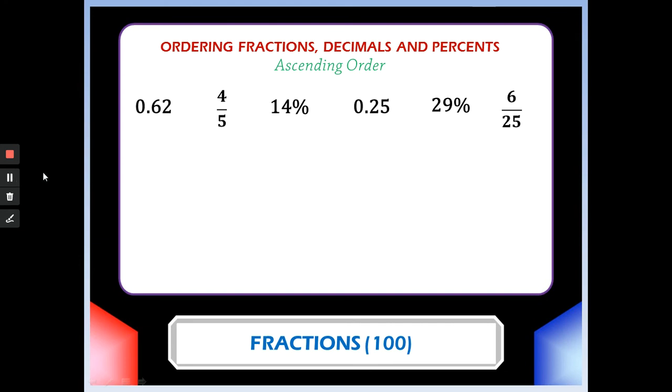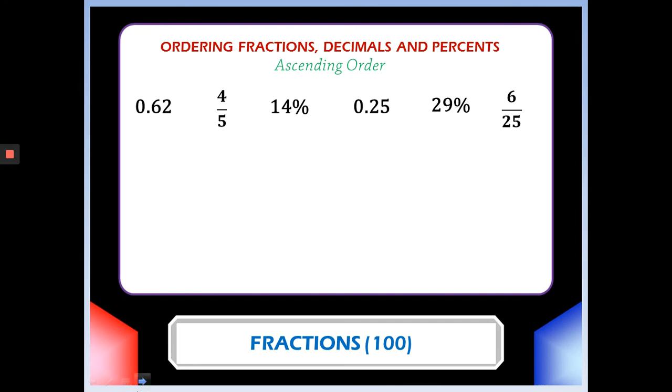We'll proceed with ordering these fractions, decimals, and percents. In order to order them, we have to convert all of them into the same form. All of them should be decimals, or all of them should be fractions, or all of them should be percentages, before we can compare.